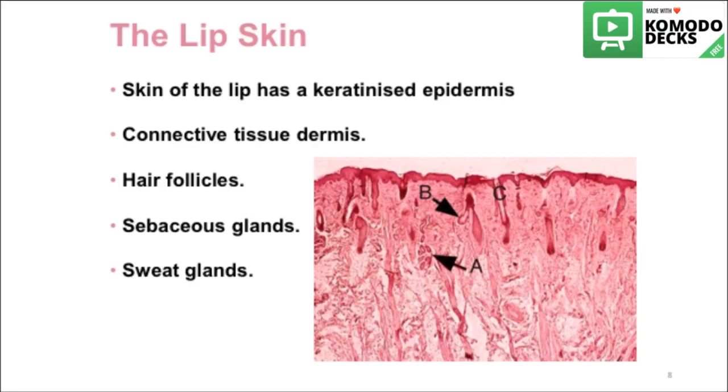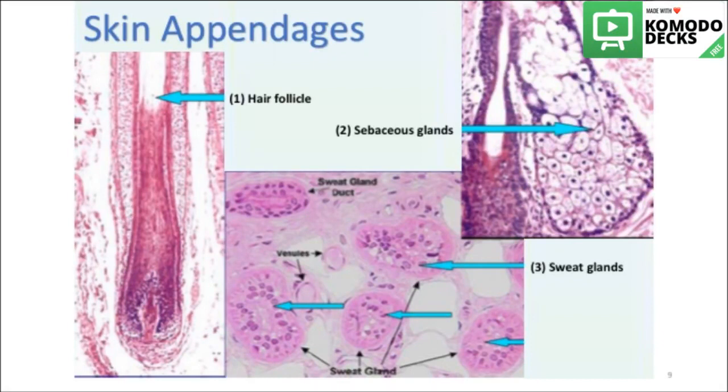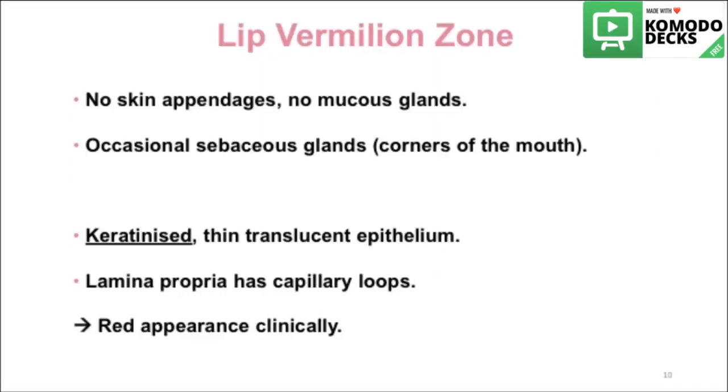The skin of the lip is keratinized epidermis, with a connective tissue dermis. It mostly contains hair follicles, sebaceous glands, and sweat glands, as seen here in this slide. The vermilion zone has no skin appendages and no mucous glands.